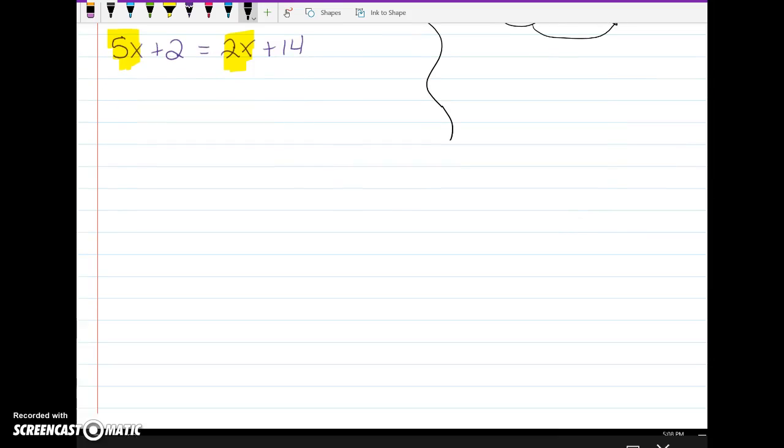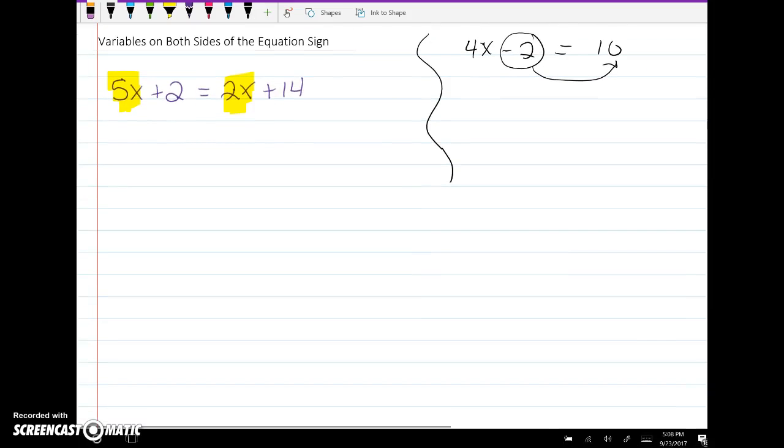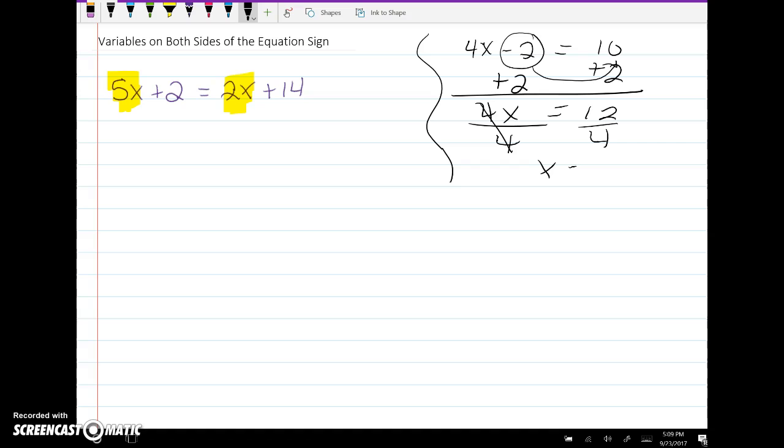Opposite of negative 2 is positive 2, and I put it on both sides. I get 4x equals 12. Happily, divide by 4 on both sides. x equals 3. Well, we're going to do the same idea over here.